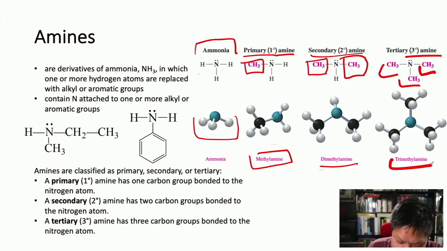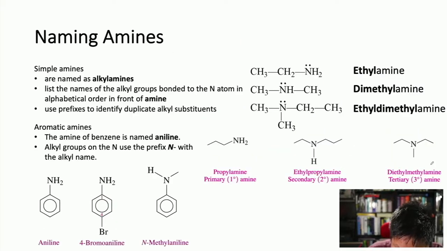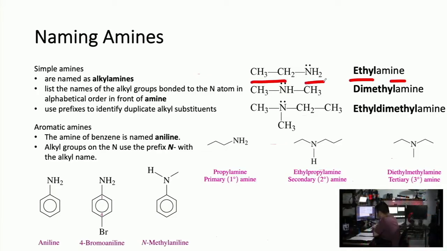So how do we name amines? They're named simply by their alkyl name and the word amine. In the case of this one, that's an ethyl group with an amine, so it's ethylamine.